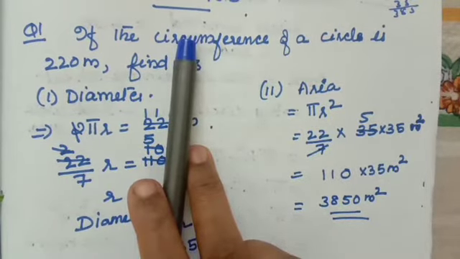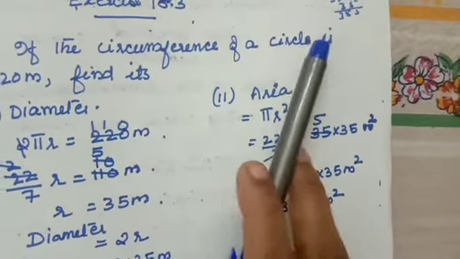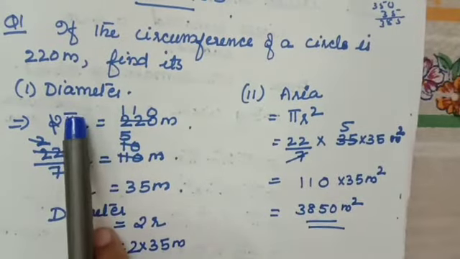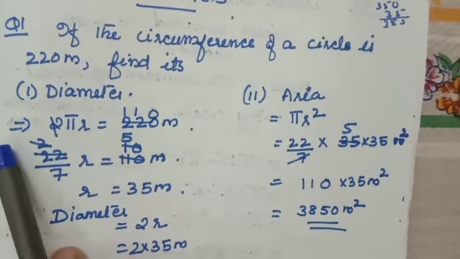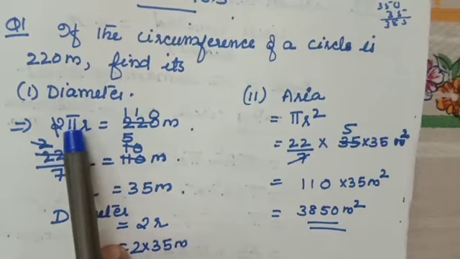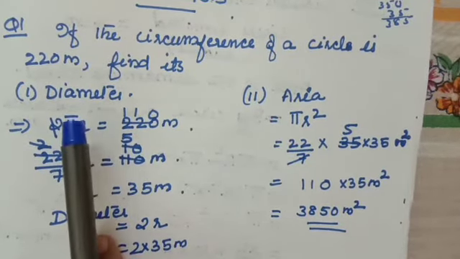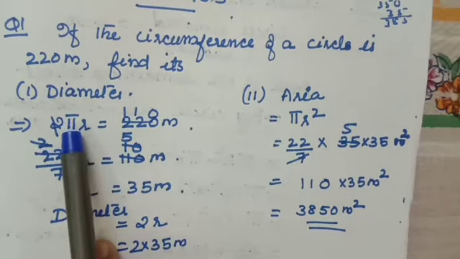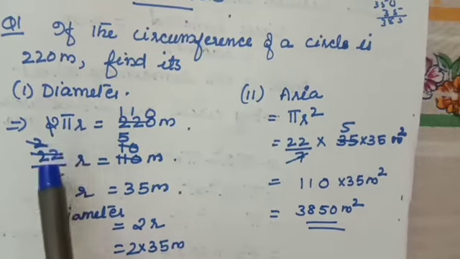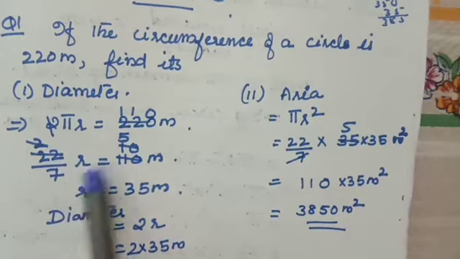Circumference is given. The circumference of a circle formula is 2 pi r. That also in the introduction part I told you how pi came, what pi is, what the value of pi is. Pi equals 22 upon 7.